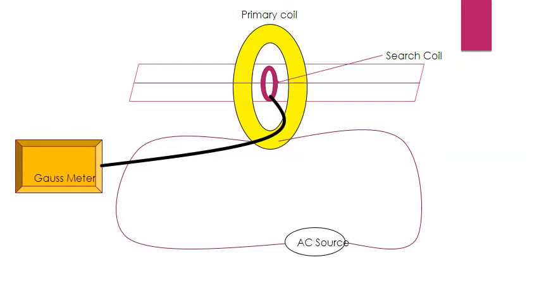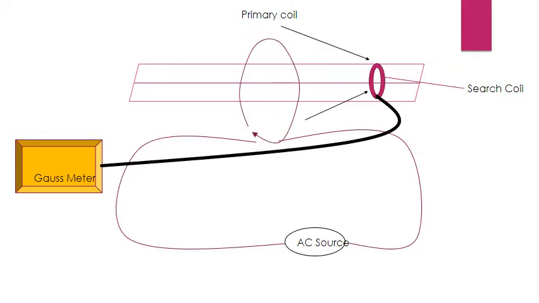Whenever it is at the center, it receives the maximum flux, hence it generates the maximum EMF, which is directly proportional to the magnetic flux. So the highest magnetic field is measured at the center. If it is moved away from the center, it is inversely proportional to the square of the distance, hence the magnetic field gradually decreases.